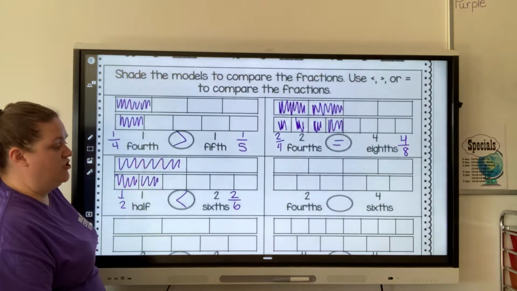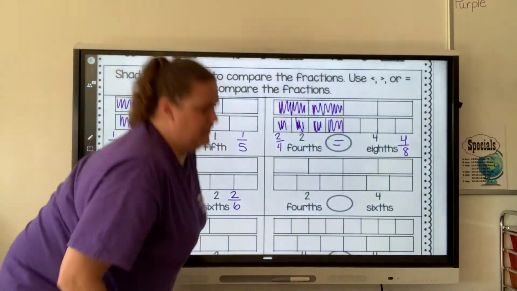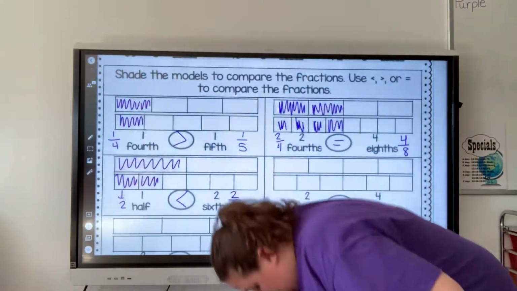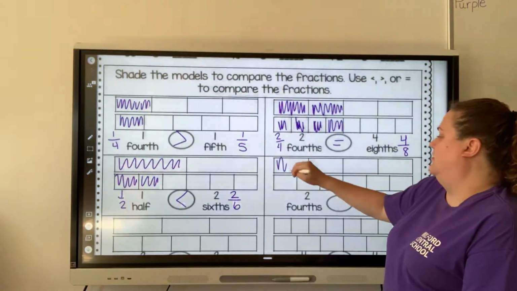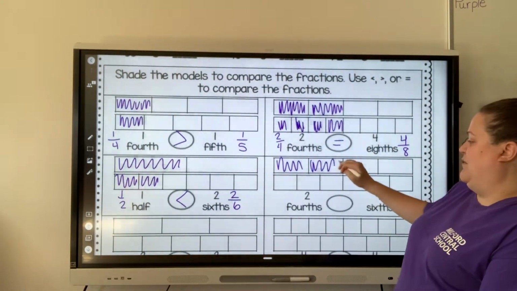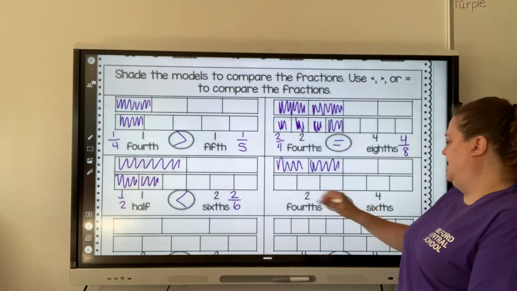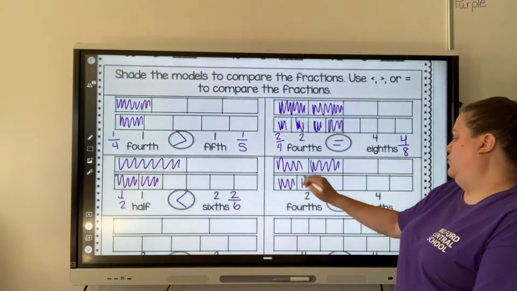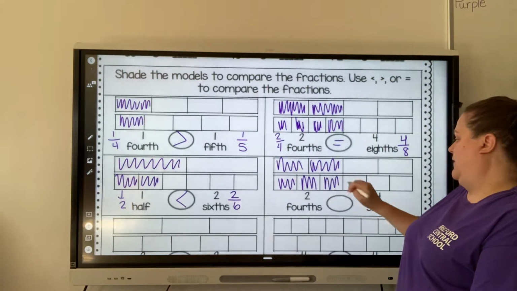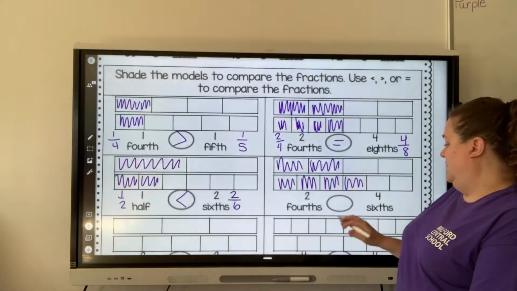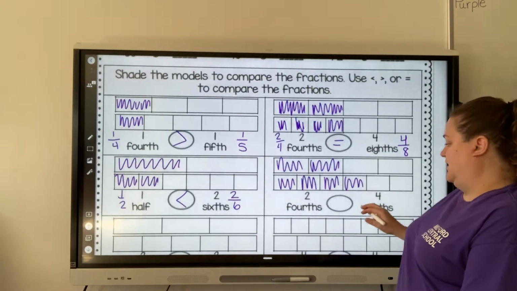All right, so 2/4 compared to 4/6. I'm going to pop back over there because I can't reach. My arms are not quite long enough. So I have 2/4. And remember, you can stop at any time you want to. Do this on your own. Then check your answers when you're done. 4/6. So 2/4 versus 4/6.